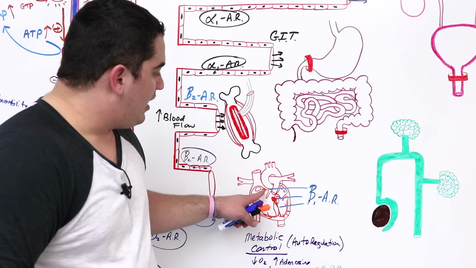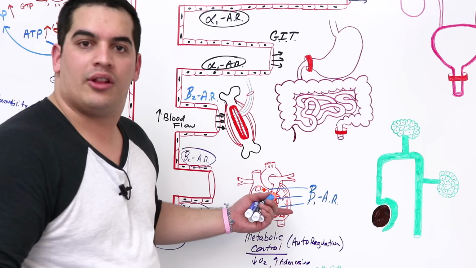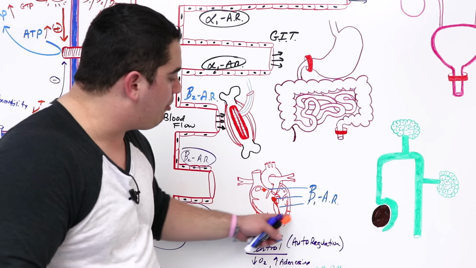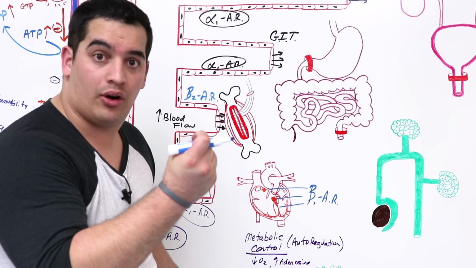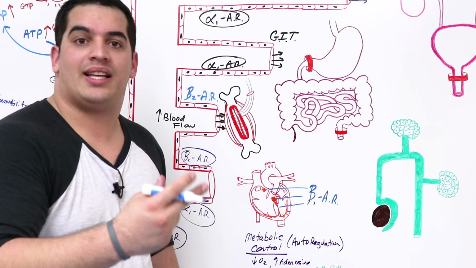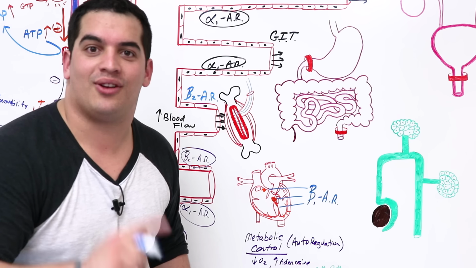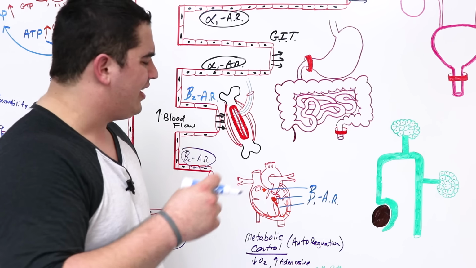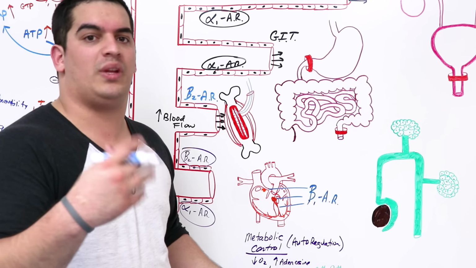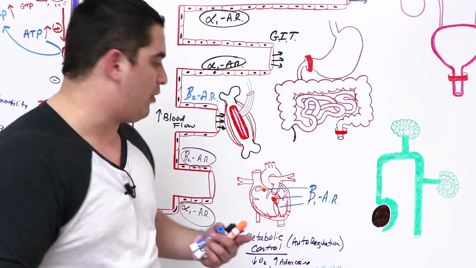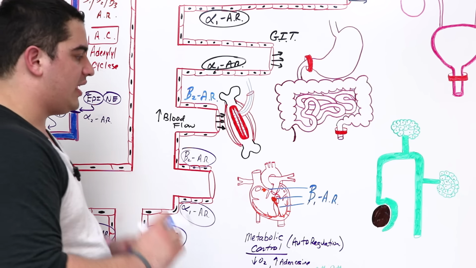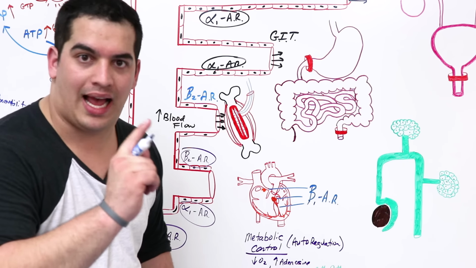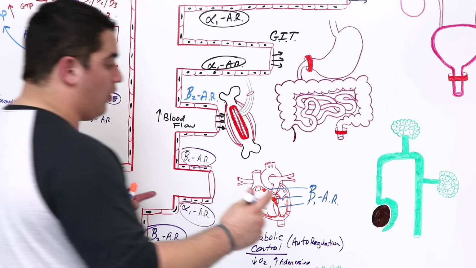One is the heart: the SA node, AV node, bundle of His, and the actual contractile myocardium. And the second place is the juxtaglomerular cells in the kidney that cause the release of renin. And there's one more, which is not significant, but it can cause the release of ghrelin from the stomach, a hunger hormone. But the big ones are that beta 1 are located on the heart and the kidney. So remember that. 2 big ones, and you covered beta 1.